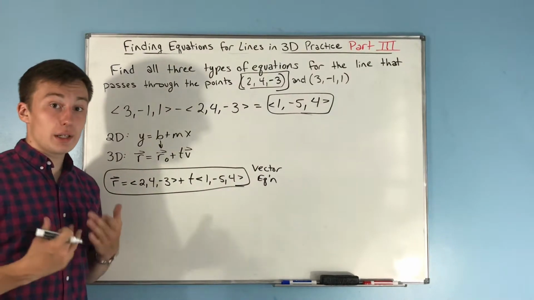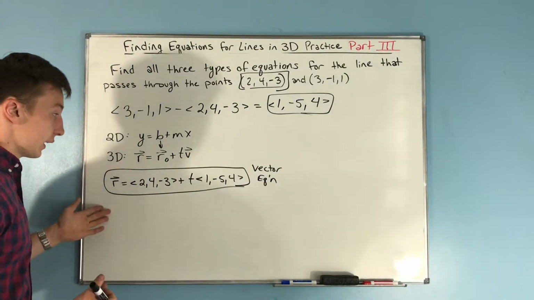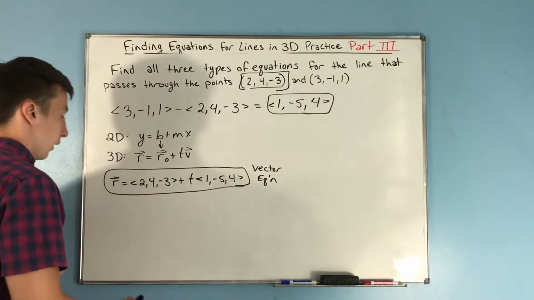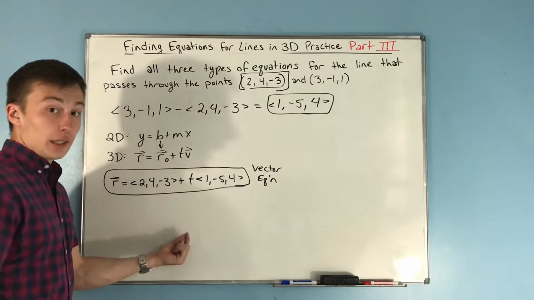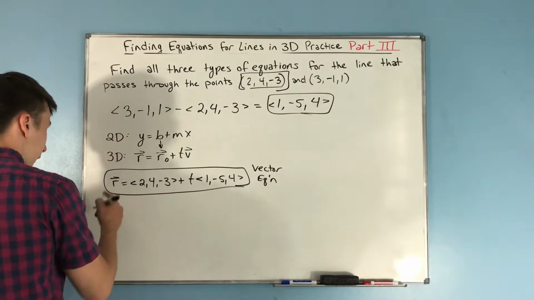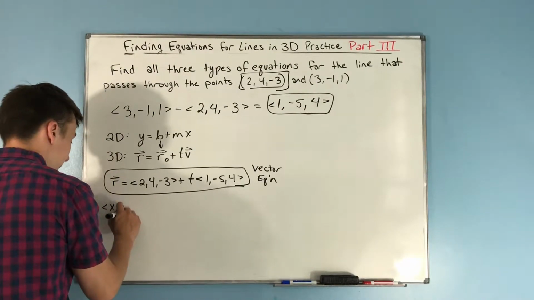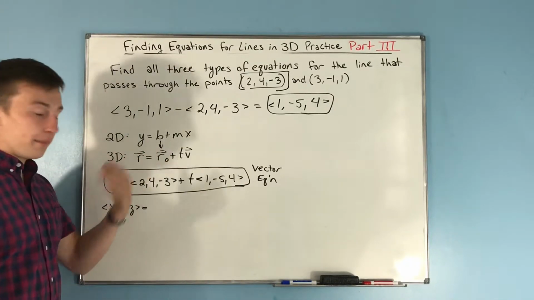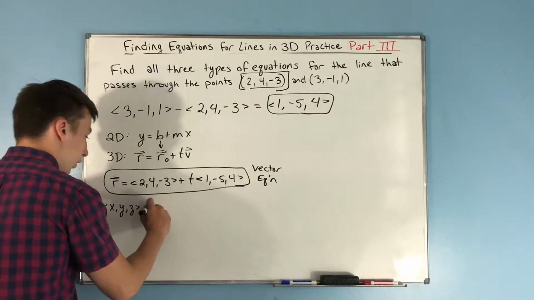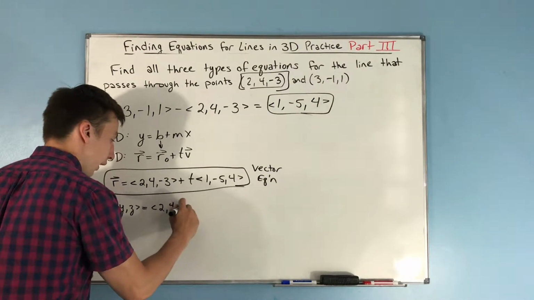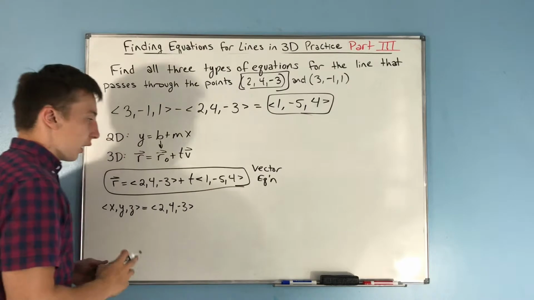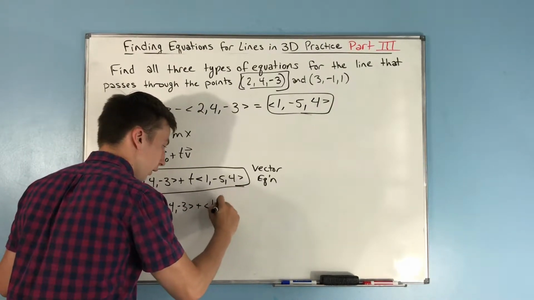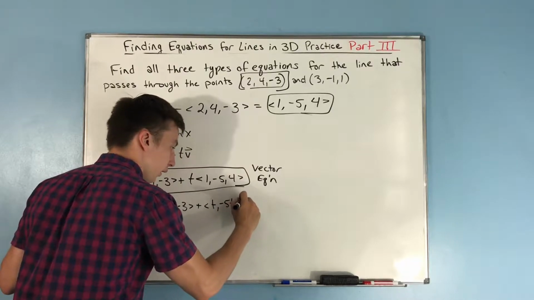Next, we need to find the parametric equations. How do we do that? We can start computing these vectors out to make a single vector. First, we know that r is (x, y, z), some point on our line. We do a little scalar multiplication, multiplying t through our direction vector to give t, -5t, 4t.